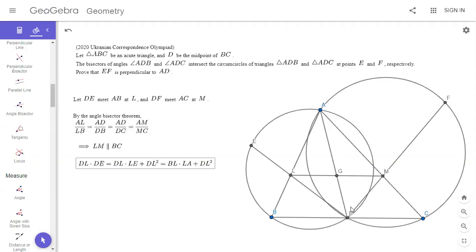I'm just writing it out: AB squared times... Yeah, cosine law in both triangles, I think, can derive this formula.